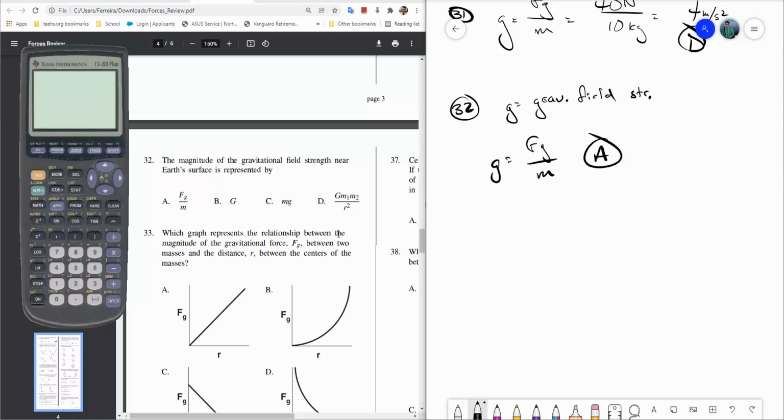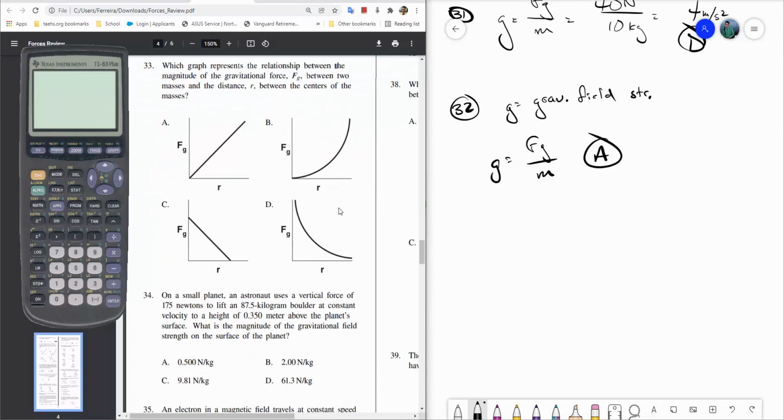Done. 33. Which graph represents the relationship between the magnitude of the gravitational force, Fg, and the two masses and the distance r between the centers of the masses? Okay. What we're going to do is take the equation for the force of gravity, the universal gravitational constant, mass 1, mass 2, over r squared. We're going to look at the axes of the graph.